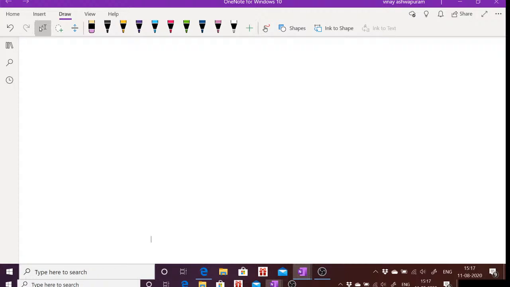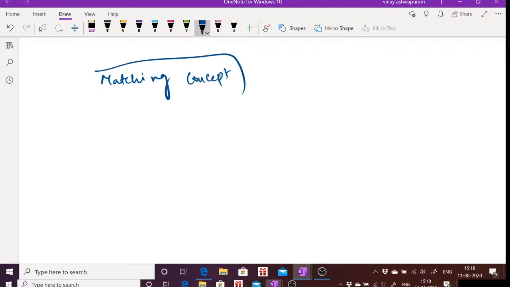Then what we have to do right now is discuss some basic concepts and the application of some concepts, like the matching principle or matching concept, what these concepts are, and also the periodicity concept.